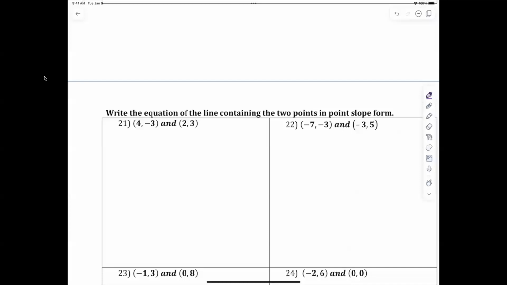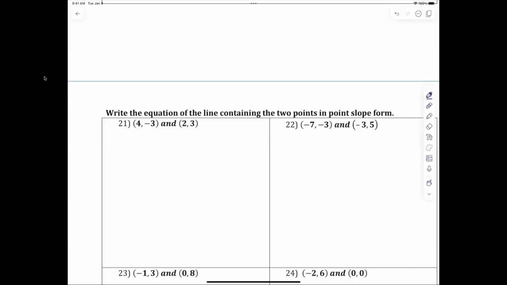What is wrong with 21? What's different from 21 than all the other ones that we've done? What's different? They give us 2 coordinates. They don't give us a what? Nope. They don't give us M.